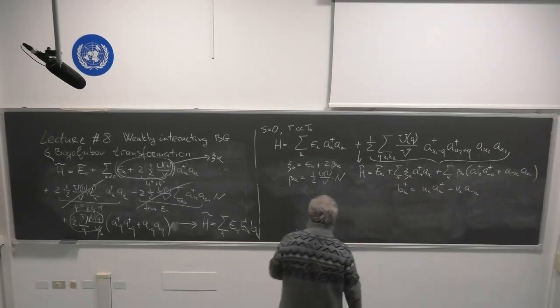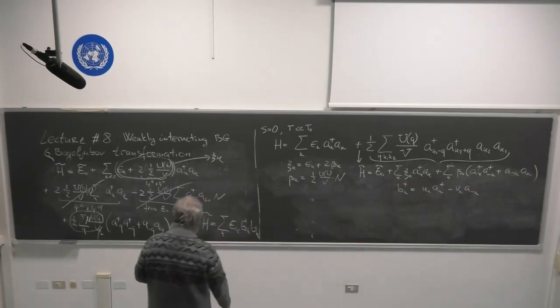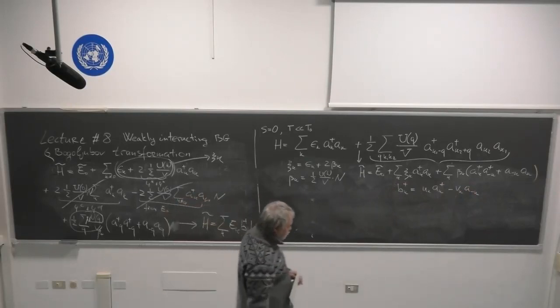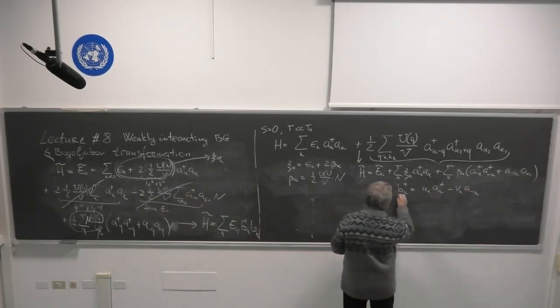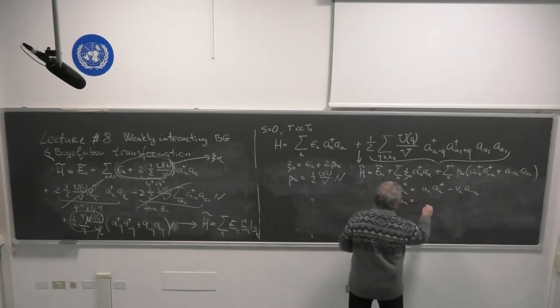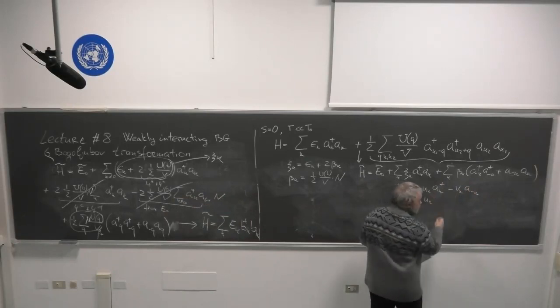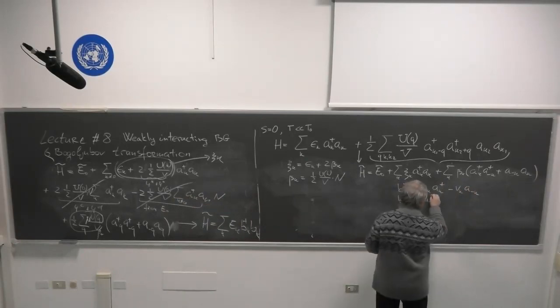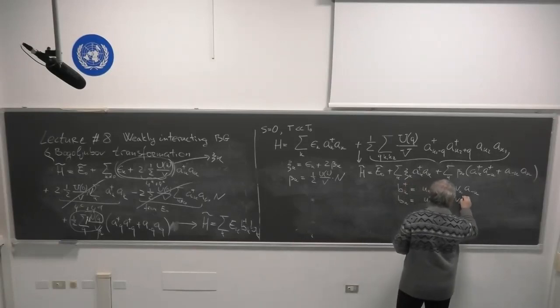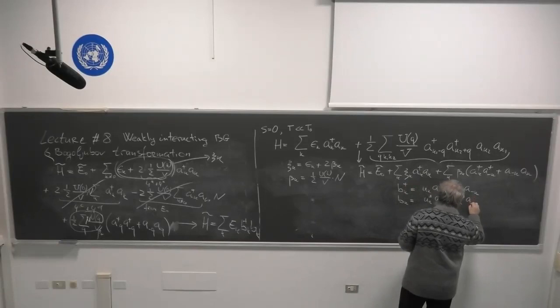So I'm going to mix creation and annihilation operators. The Hermitian conjugate B k is equal to u k, v k are some functions, so it's a complex conjugation, A k minus v k A minus k dagger.